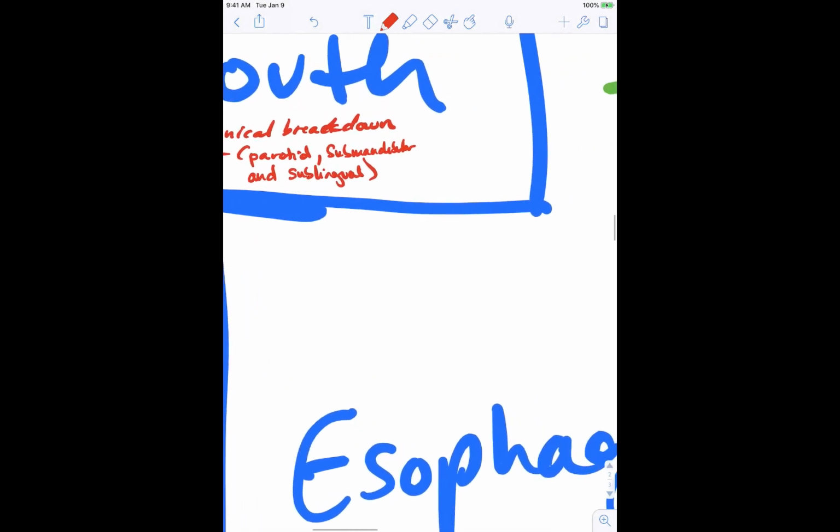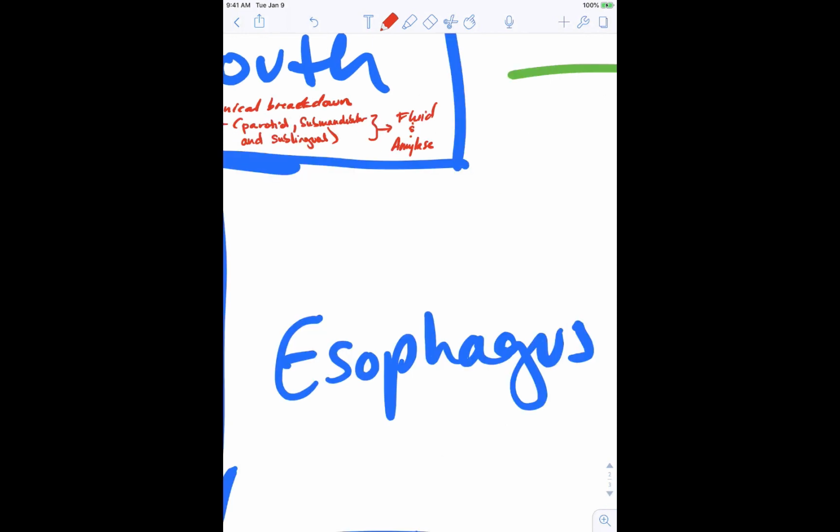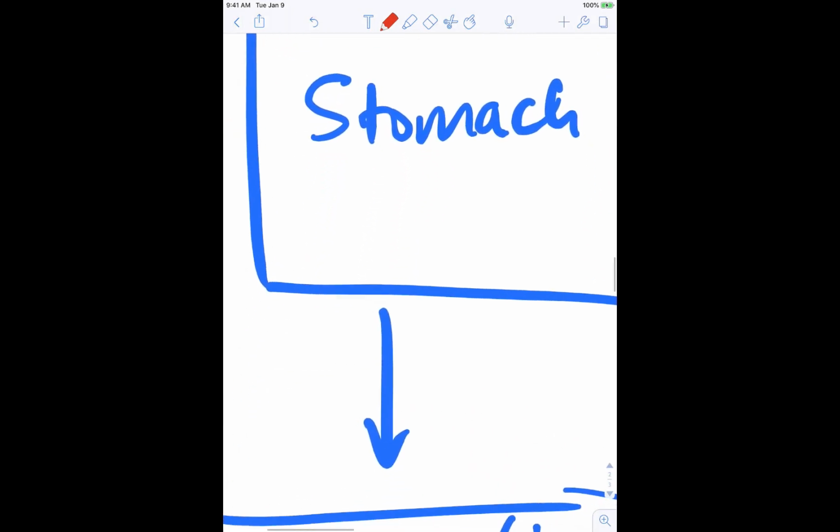The job of these salivary glands is to release fluid and amylase. And the amylase is going to start breaking down that food. So now food heads down the esophagus and it gets to the stomach.